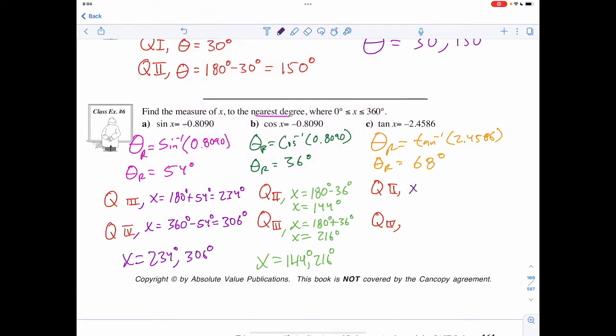So in quadrant 2, x would equal 180 minus 68, which is going to give me 112 degrees. In quadrant 4, x would equal 360 minus 68, which is going to give me 292 degrees. X is equal to 112 degrees or 292 degrees.